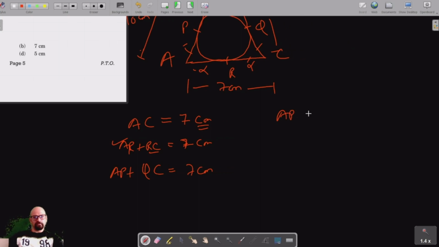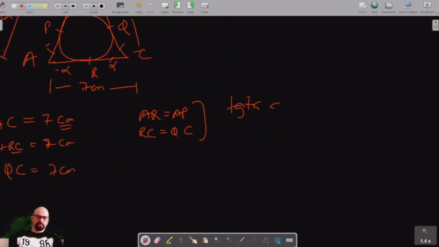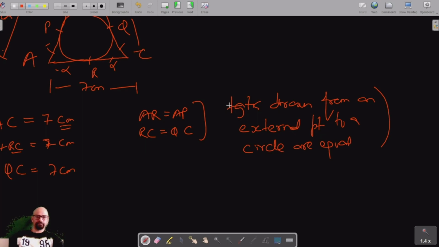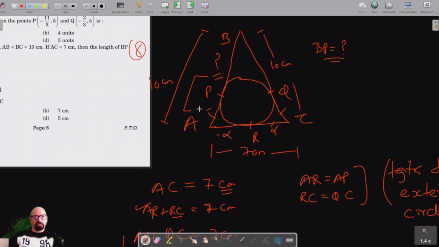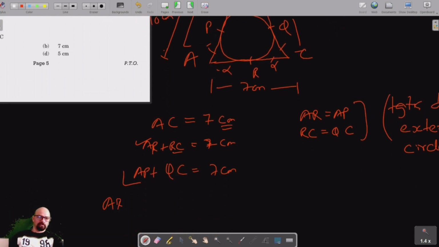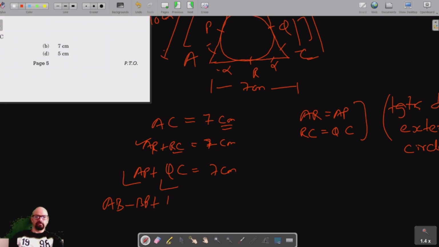We have this because AR is equal to AP and RC is equal to QC, as tangents drawn from an external point to a circle are equal. Now AP can be written as AB minus BP, and QC is BC minus BQ. So AB minus BP plus BC minus BQ is equal to 7.